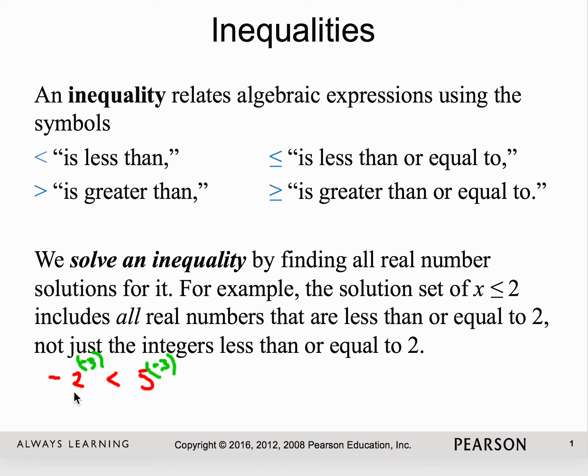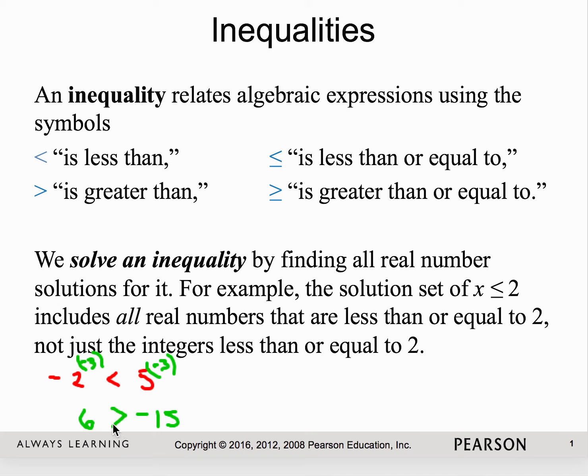When you multiply by a negative, it changes the sign of your number, of course. A negative times a negative is now +6, and a positive times a negative, this side's now -15. So in order for our relationship to stay true, not only do I change the signs of the numbers, but I've got to change the sign of the inequality.